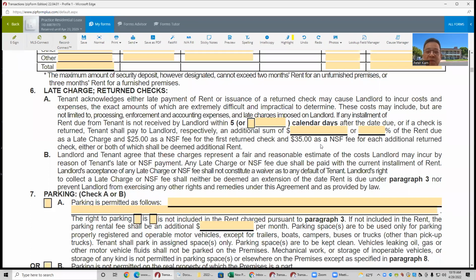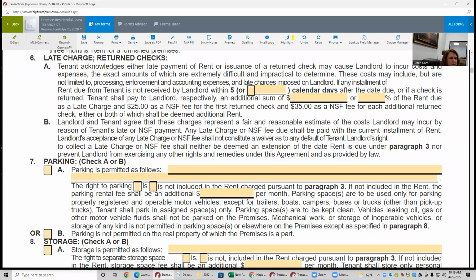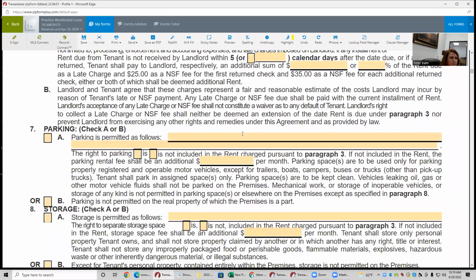But I think within 10% is reasonable. Okay, so anywhere from up to 10%, agents, and then you would put the percentage here. That should be a pretty good deterrent for people not to be late. And it says right here that the landlord and tenant agree that these charges represent a fair and reasonable estimate.